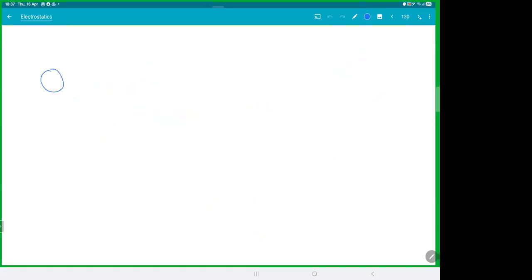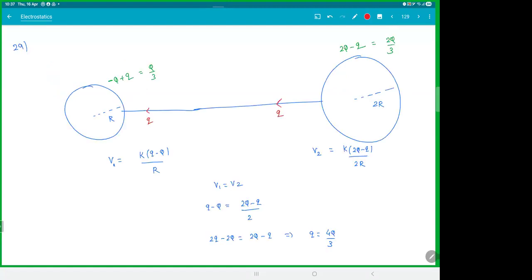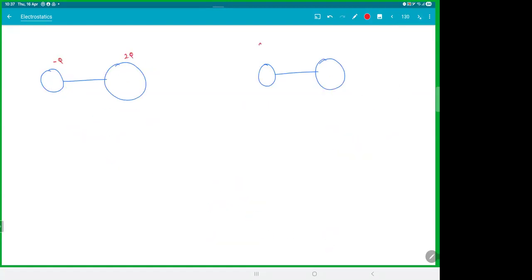Now, if you look at the shells initially, and if you look at the shells finally, initially the charges were minus Q and 2Q. Now the charges are Q by 3 and 2Q by 3. So what changed? Self-energy. So be careful, self-energy doesn't care about the sign of the charge. The initial energy of the system is K(Q) squared by 2R plus K(2Q) squared by 2 times the radius, which is 2R.